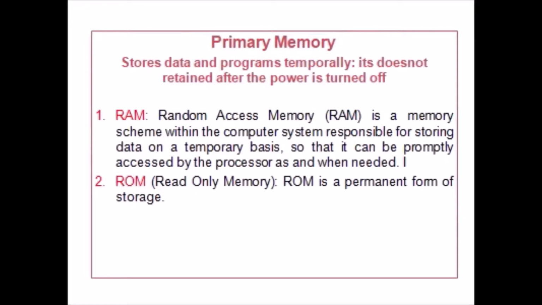The primary memory stores data and programs temporarily. It does not retain them after the power is turned off. First, RAM, that is random access memory, is a memory scheme within the computer system responsible for storing data on a temporary basis so that it can be promptly accessed by the processor as and when needed.